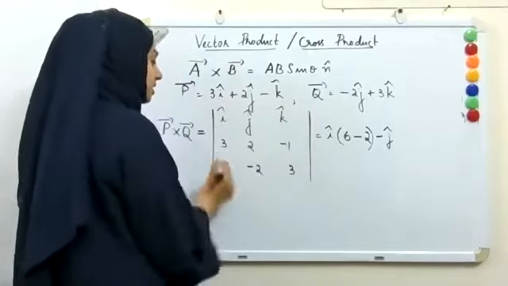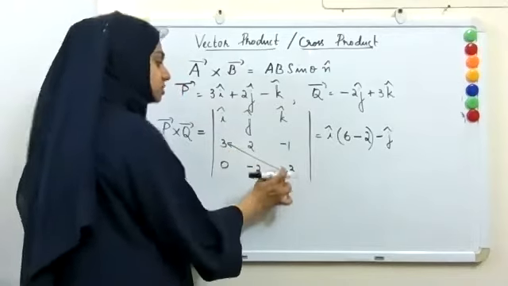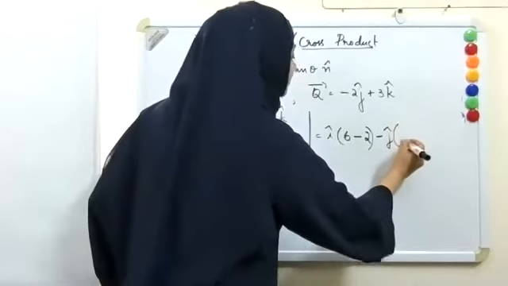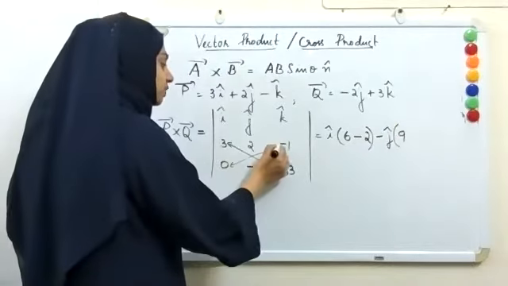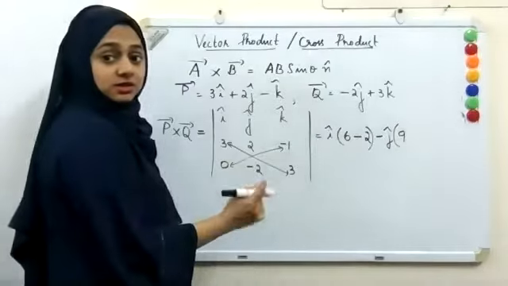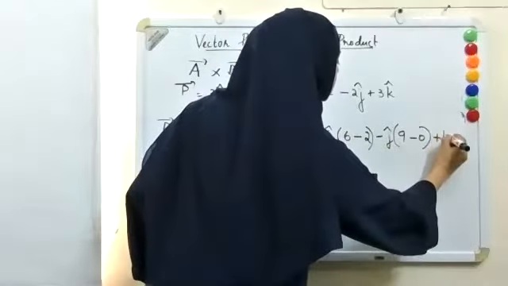Now it comes to 3 times 3, which is 9, then minus 1 times 0, which is 0. So minus 0.